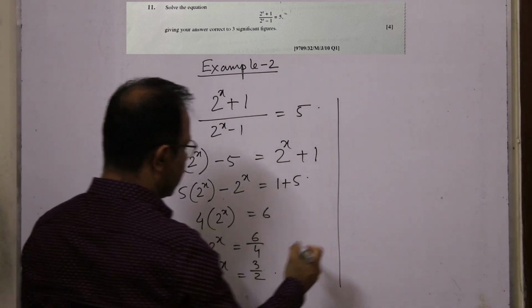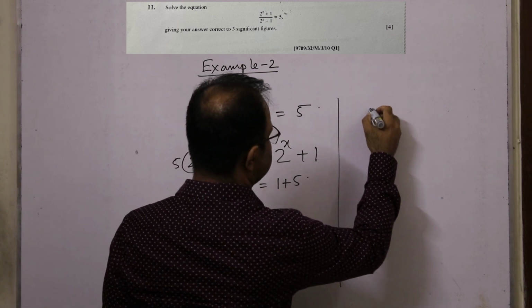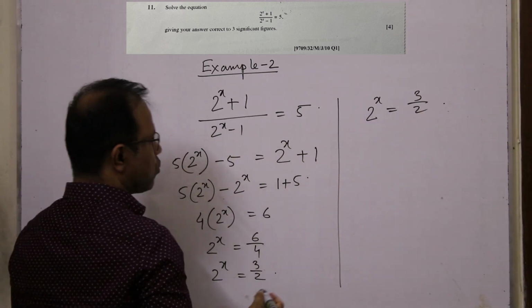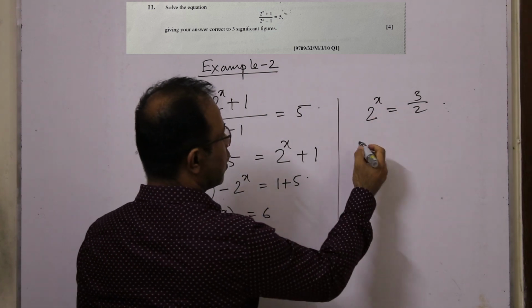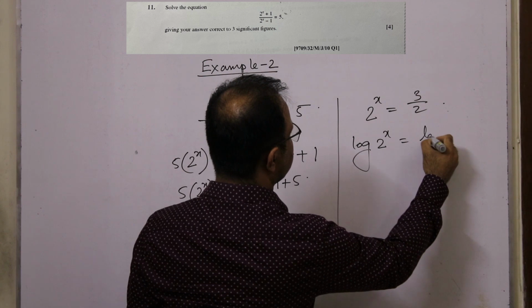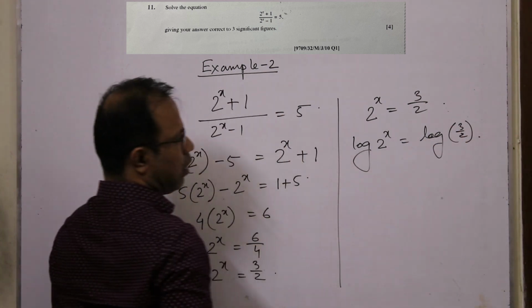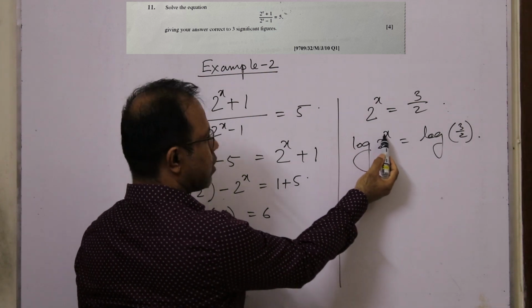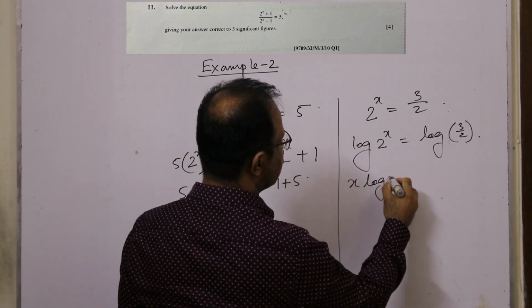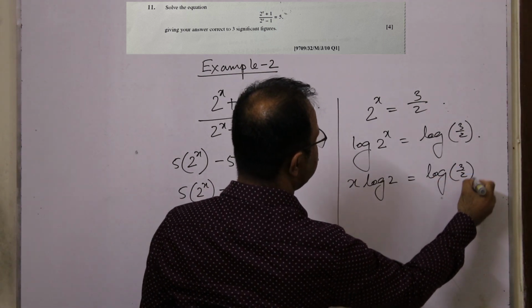Now solve for x. We write again 2 to the power x equals 3 over 2. If I take log on both sides, log of 2 to the power x equals log of 3 over 2. As usual, the x comes to the front. You can write x times log 2 equals log of 3 over 2.